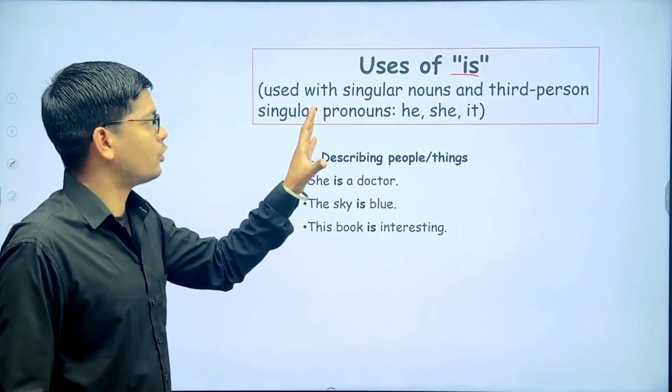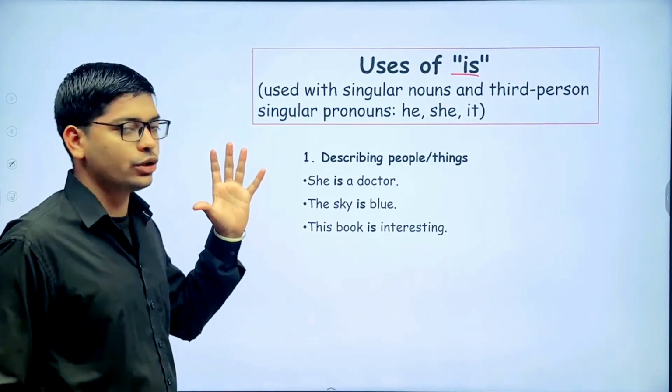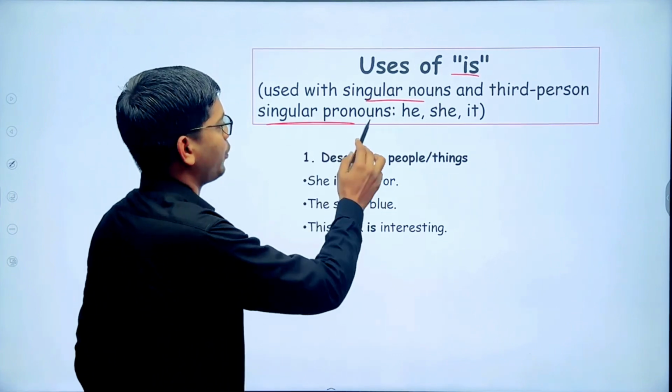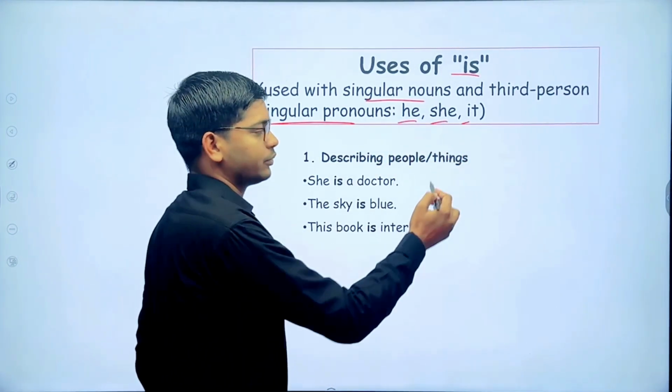First use of is: it is used with singular nouns or third person singular pronouns like he, she, it.